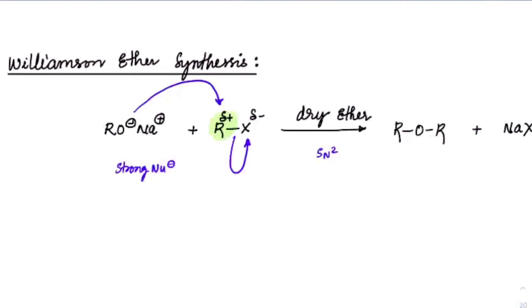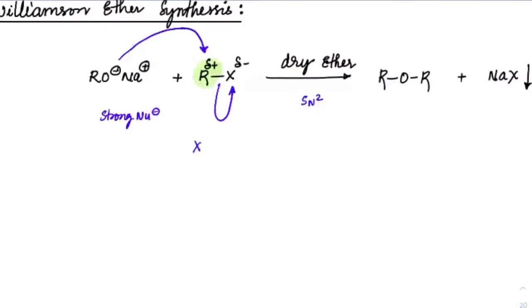So what are the conditions we have learned? Let me just tell you. The X has to be either chlorine, bromine or iodine, and definitely not fluorine. Next, R has to be either 1 degree, maximum up to 2 degrees.